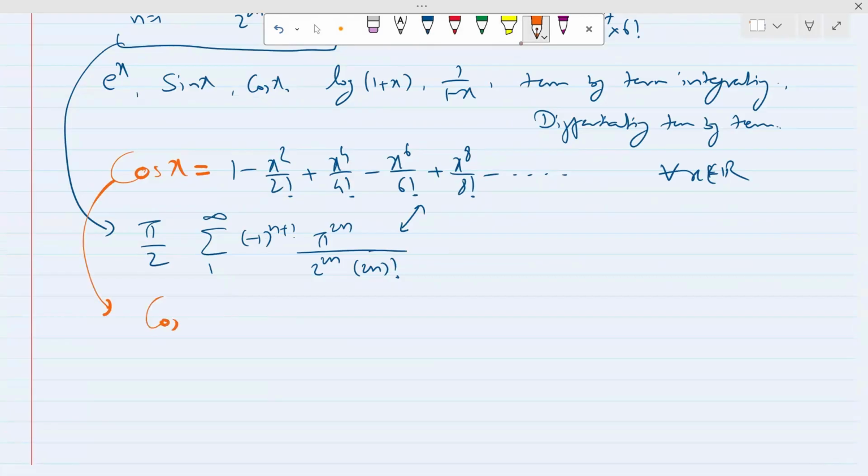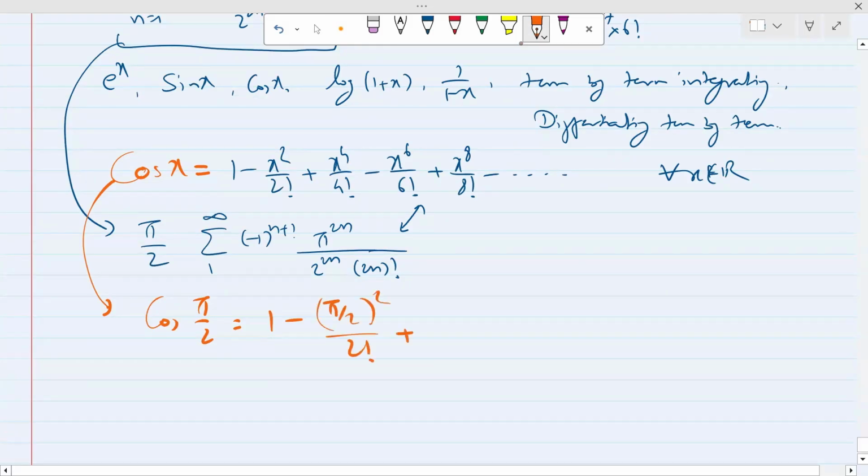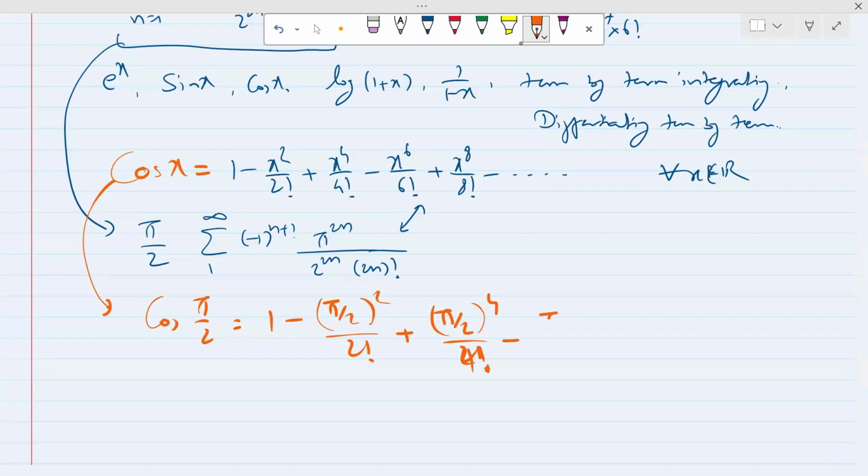Yeah, so you put x as pi by 2 in cos x. So what you're going to get? 1 minus pi by 2 square upon 2 factorial plus pi by 2 raised to 4 upon 4 factorial minus pi by 2 raised to 6 upon 6 factorial. This is what you will get.